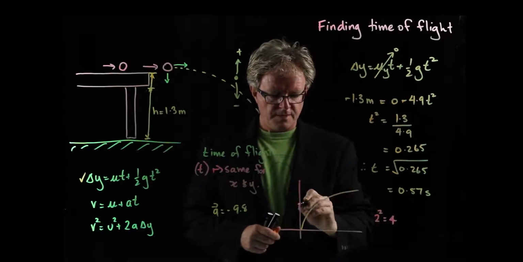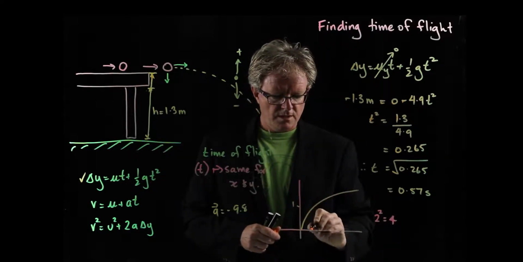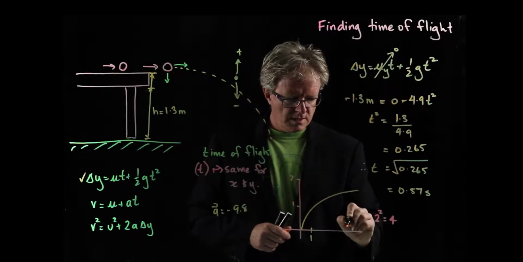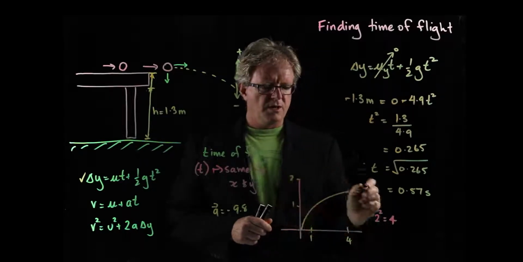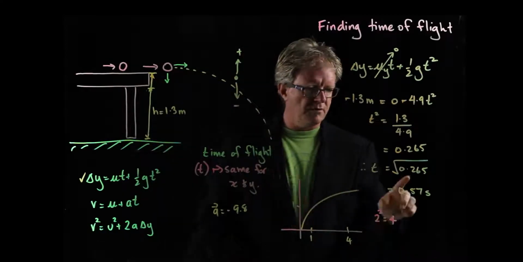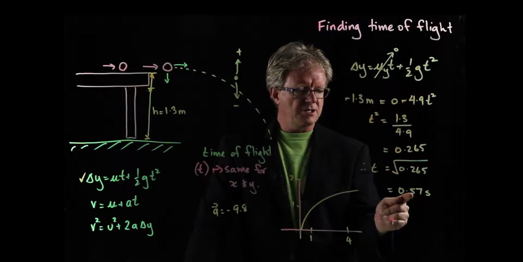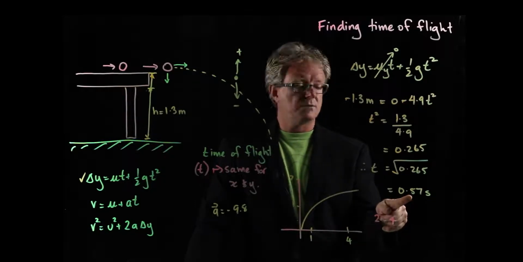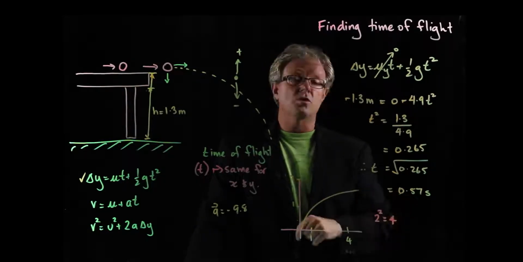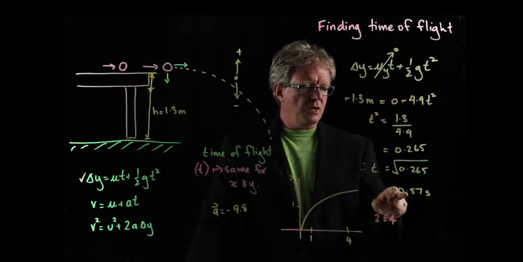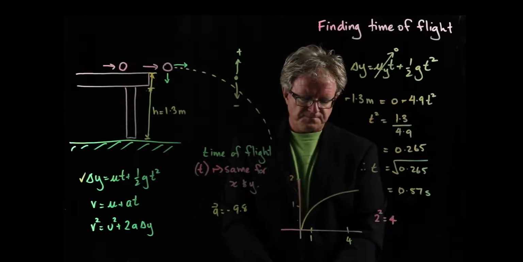It goes like that. We have 1, that's 1. Then we have 2, goes out to 4. So our function is telling us that if we have a very small number here, we can end up with a larger y-coordinate. It looks a bit strange, but it's true. So we have 0.57 seconds here.